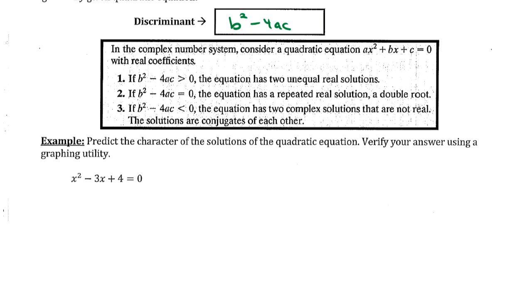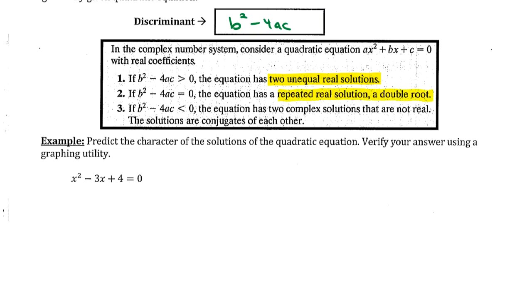In the first case, if b squared minus 4ac is greater than 0, in other words, it's a positive number, then it's going to have two unequal real solutions. So your answers for x are going to be real numbers, but they're going to be different from each other. If it turns out that b squared minus 4ac is exactly equal to 0, then the equation is going to have a repeated real solution or a double root.